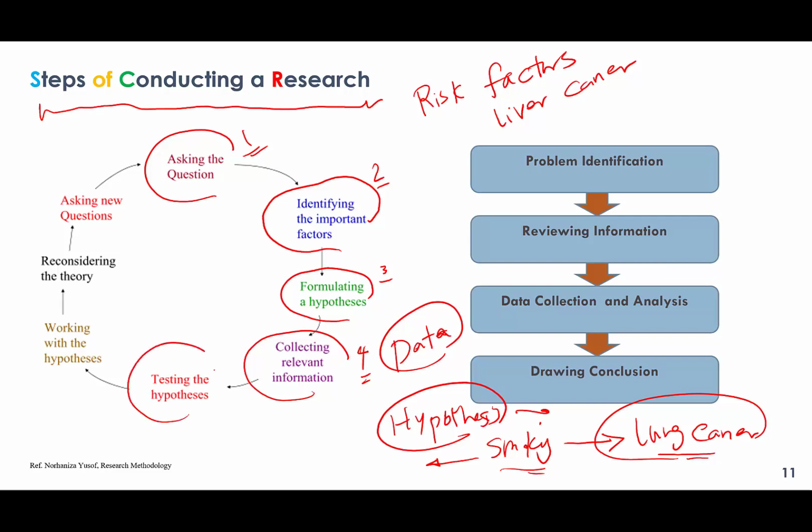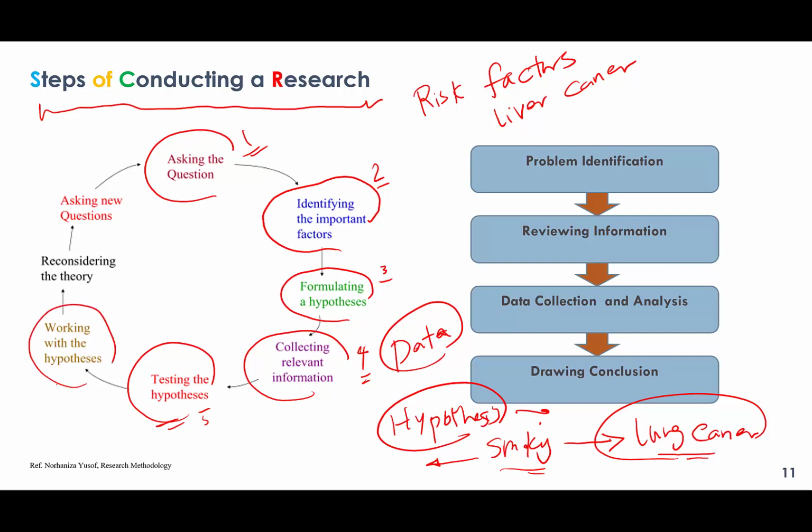Then testing that hypothesis. For example, here I have the data, I have information, I have the hypothesis. I want to check whether smoking really relates to lung cancer. This is testing the hypothesis. Maybe this hypothesis is right or not. Both of them have value in scientific work.